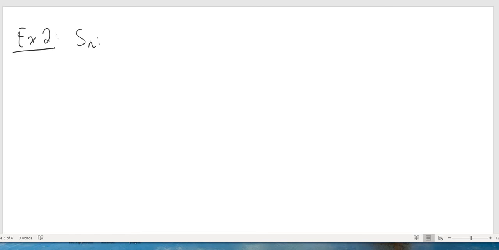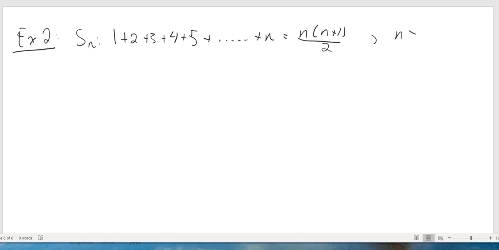Sn: 1 plus 2 plus 3 plus 4 plus 5 plus ... plus n equals n times (n plus 1) over 2, for all n greater than or equal to 1. All right.